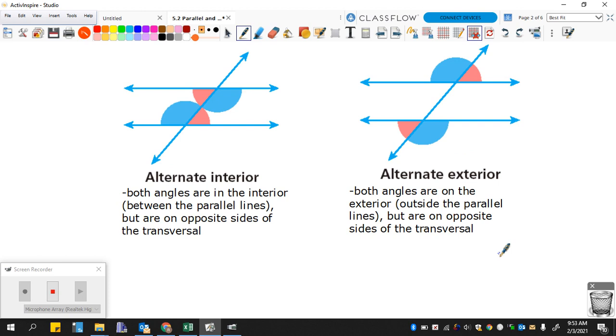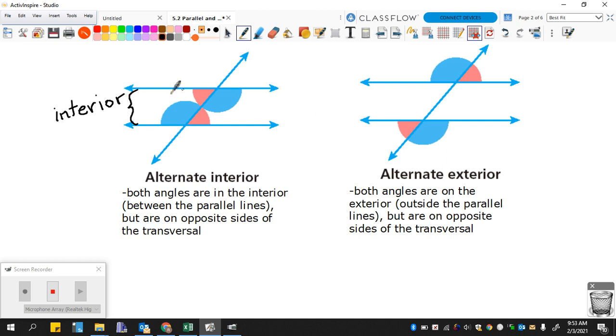All right. So when we're talking about parallel lines, we have to talk about the different properties of parallel lines. If we're talking about between the parallel lines, right in here, these are called interior. That's on the interior of the parallel lines.